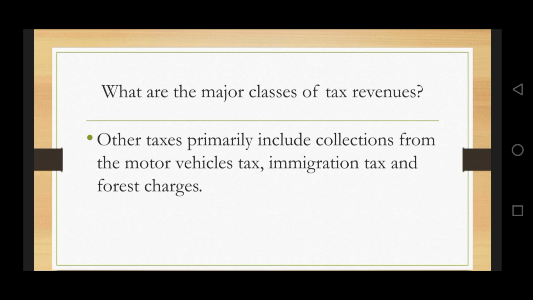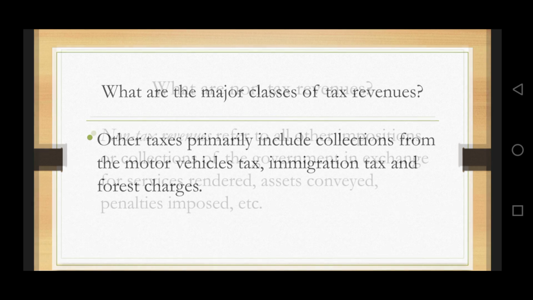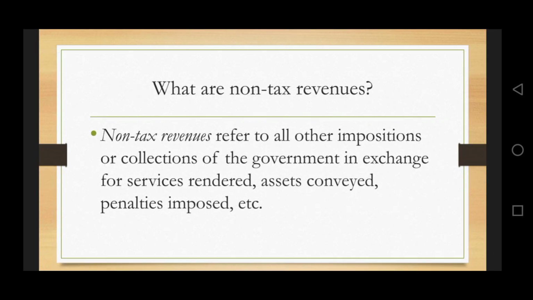There are also other taxes, which include collection from motor vehicle tax, immigration tax, and forest charges. There are also non-tax revenues. Non-tax revenues refer to all other impositions or collections of the government in exchange for services rendered, assets conveyed, penalties imposed, and many more.